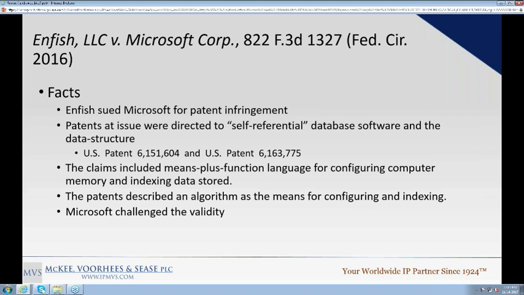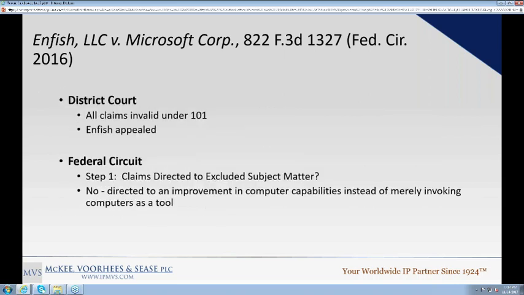Microsoft challenged the validity of the patent, not surprisingly, said, well, not very many patents are surviving in this area, let's give that a go. And the district court said, yeah, all the claims are invalid under 101, held that they were directed to an abstract idea. Under the second prong, there wasn't substantially more. The Federal Circuit took it up on appeal and said, well, are the claims really directed to excluded subject matter?